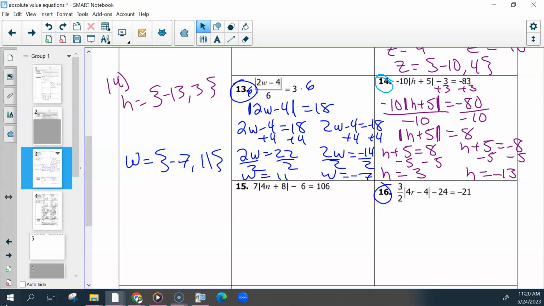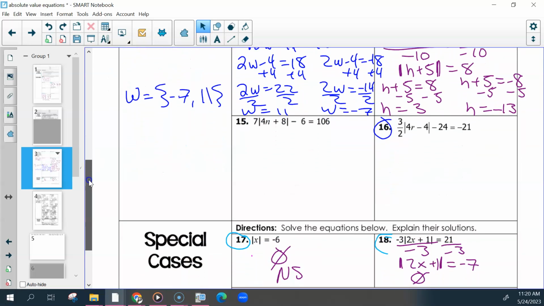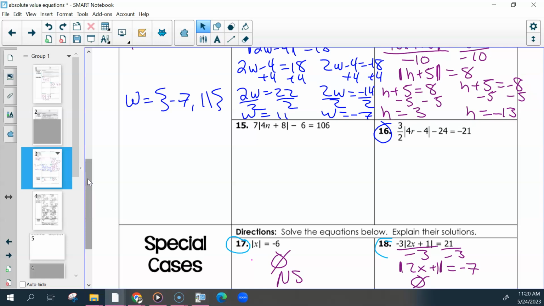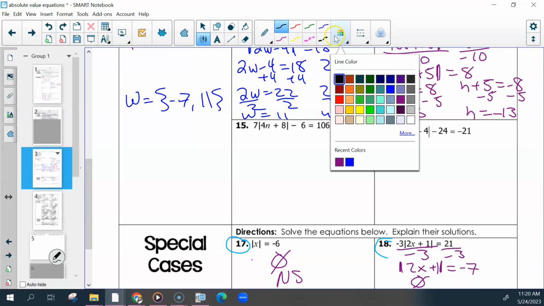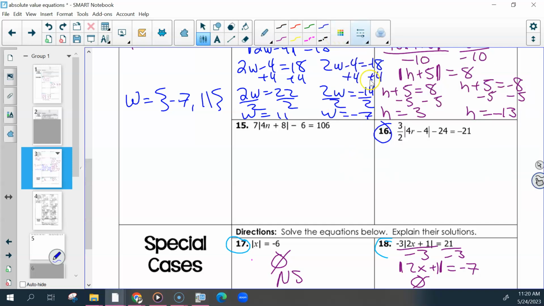For 16, what do we think the first step would be? You have 3 over 2 times the absolute value of 4r minus 4 equals 3.